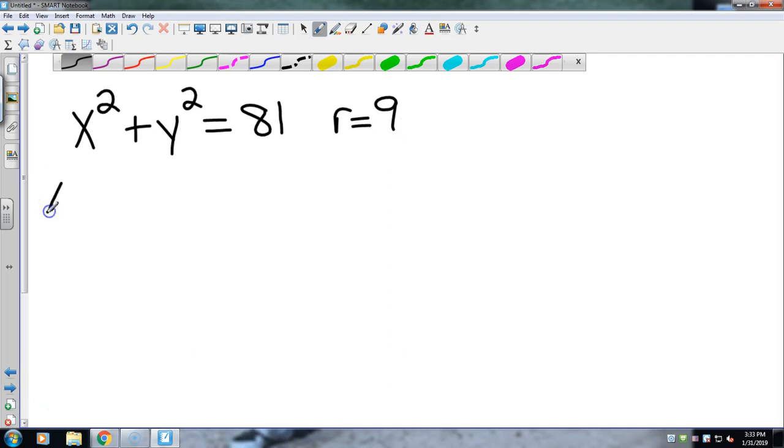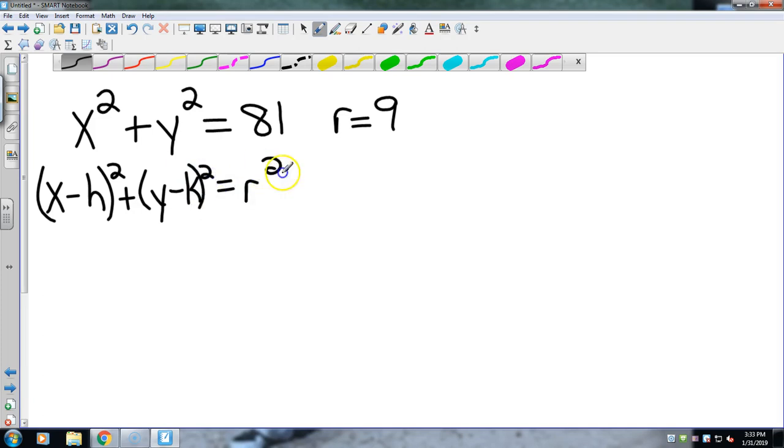Now, going back to our original equation, I'm going to write this a bunch of times, or you're going to write this a bunch of times. The only way I can get x squared out of that first one is if the h goes away. And there is a number that I can add or subtract that will completely take that h away, and it's 0.